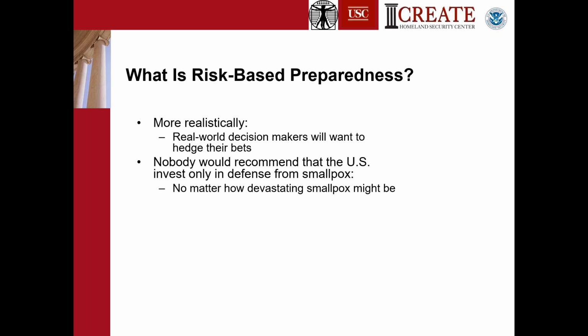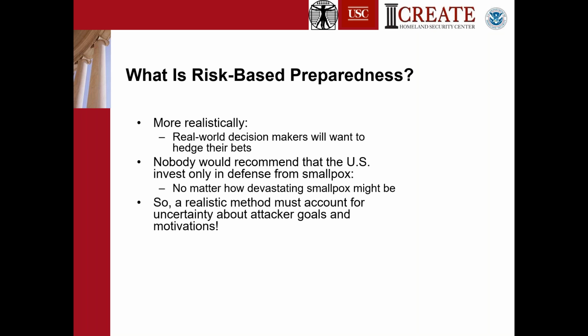Maybe the bad guys can't get access to smallpox. Maybe they don't want to use smallpox. So we want a risk-based method that allows us to capture our uncertainty about the attacker's goals and motivations. So that's part of what we mean by risk-based preparedness in the real world.